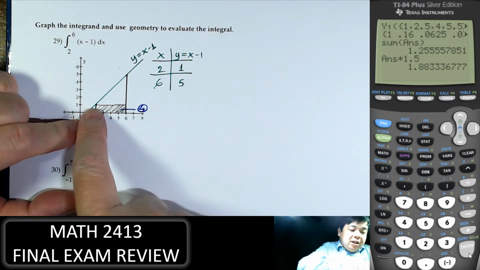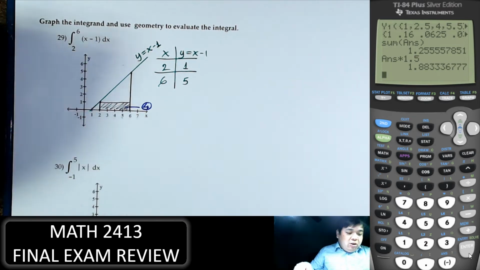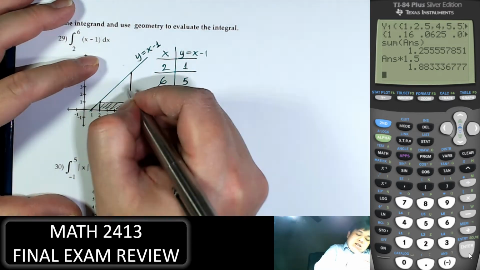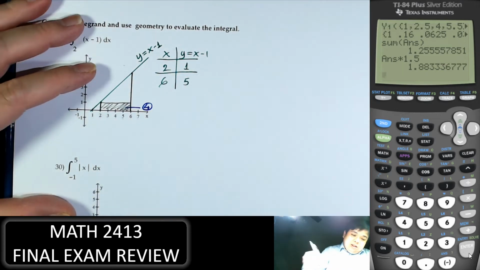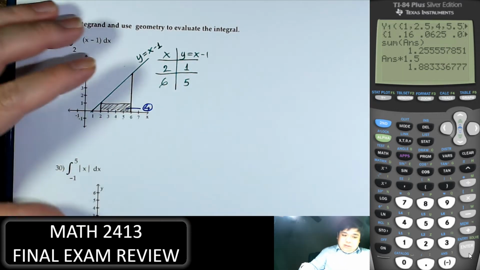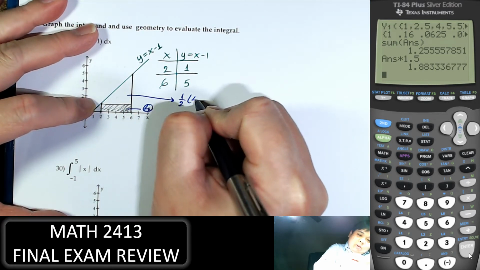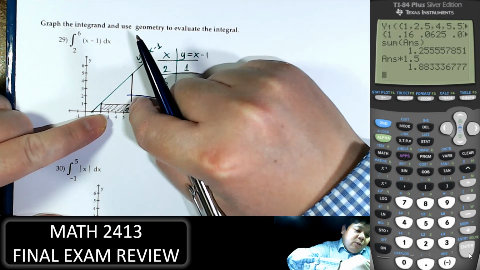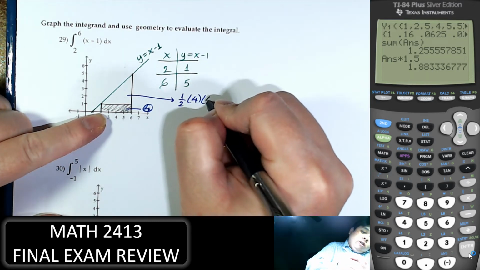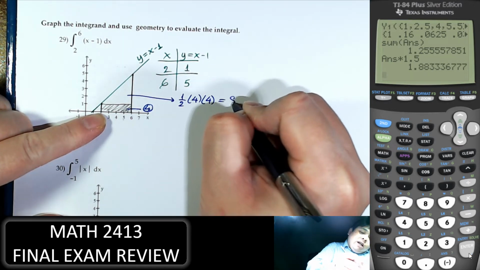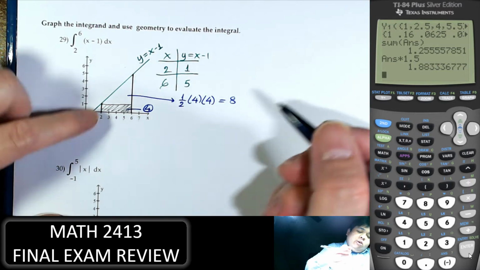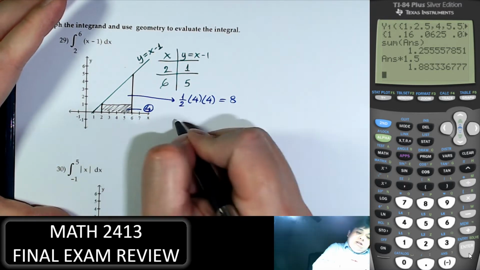And then this is a triangle, so 1/2 base times height. The base is 4, and the height from 1 to 5 is also 4. So that is 8. So 8 plus 4, this is 12.